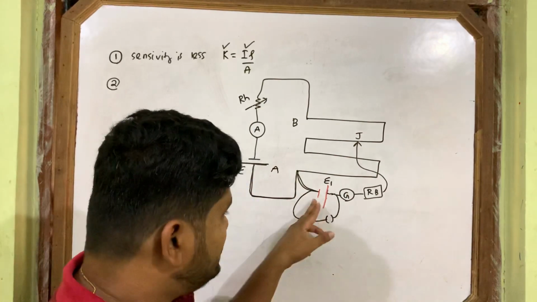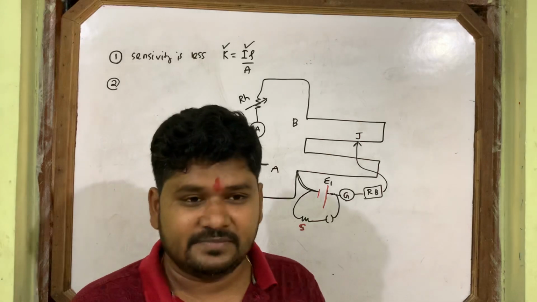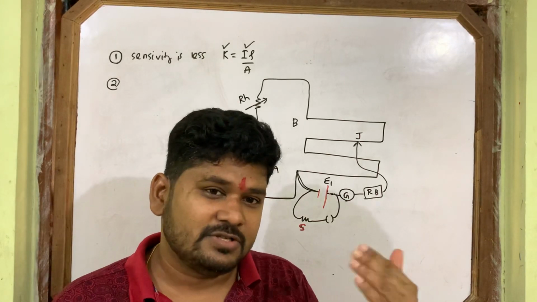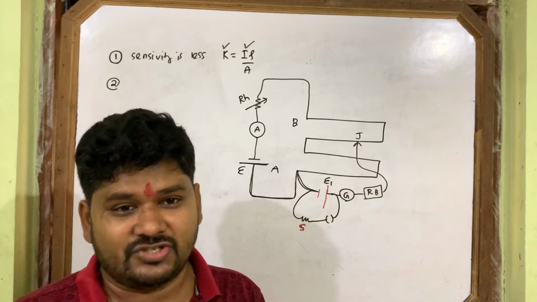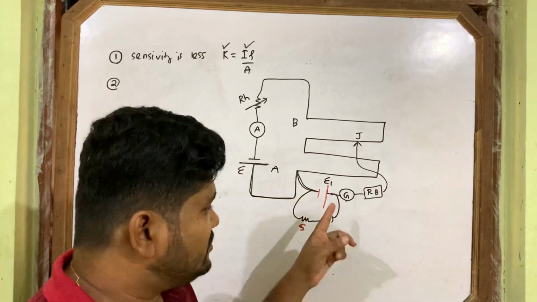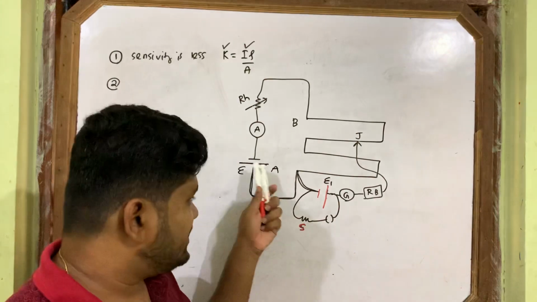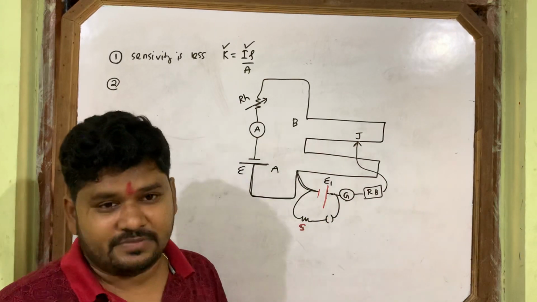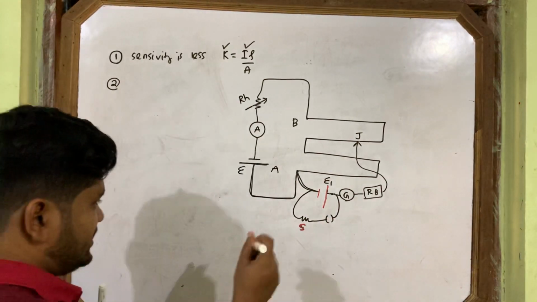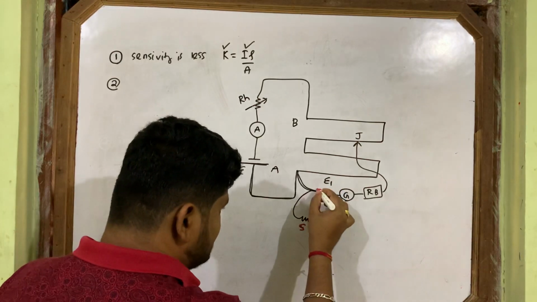You will not get the null point if you connect the negative here. The galvanometer will also show one-sided deflection. So the positive of the driver cell has to be connected with the positive of the experimental cell. It's a wrong connection.